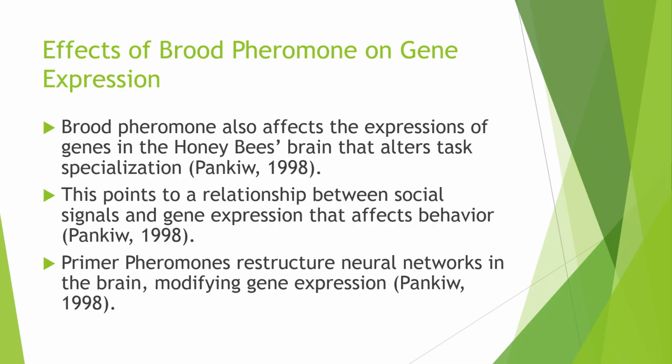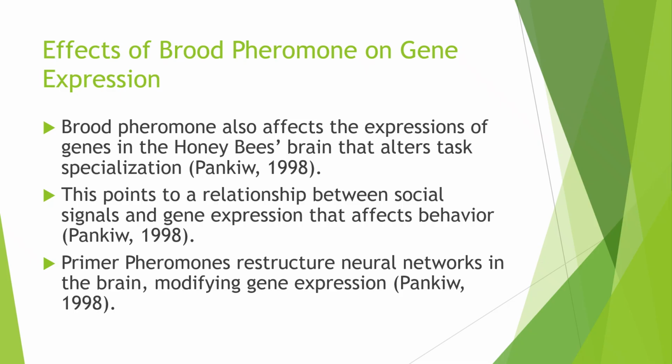So now the effects of brood pheromone on gene expression. Brood pheromone also has major effects on the expression of genes in honeybees. It alters the brain in honeybees, which specializes them in different genes. So this points to the relationship between social signals and gene expression that affects behavior.